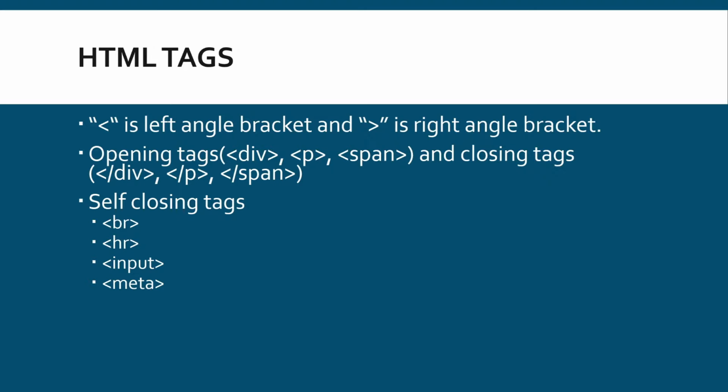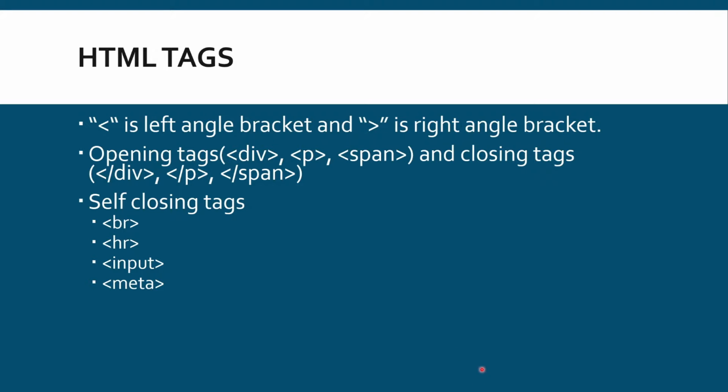So we have tags in pairs like div tag, paragraph tag, span tag that need to have an opening tag and a closing tag, and we have tags by itself. They're called self-closing tags like BR, HR, input, meta, and there are some others too.